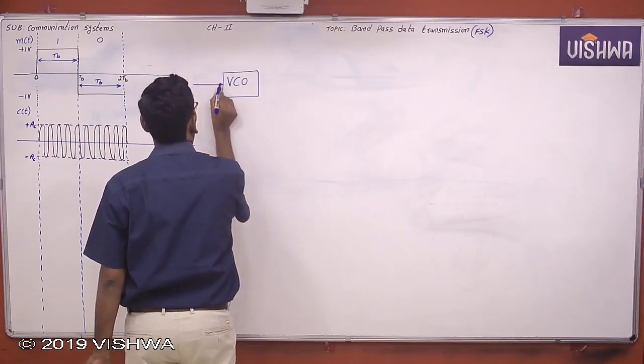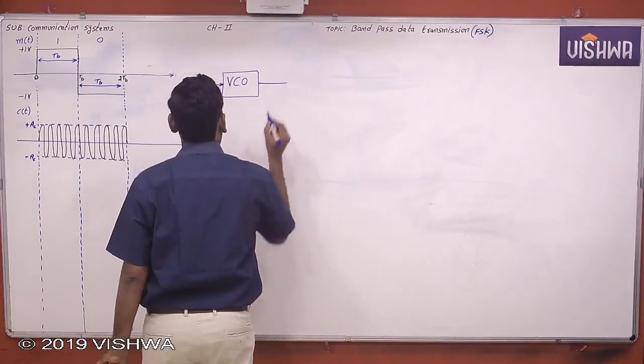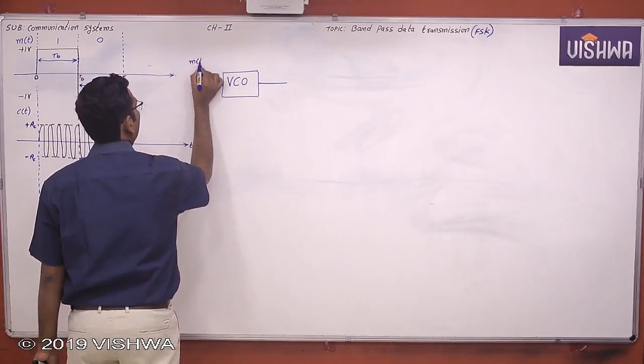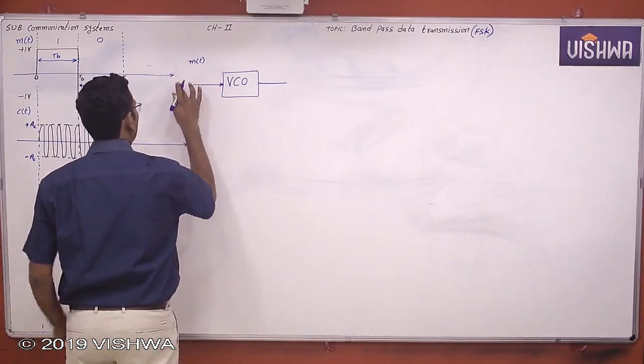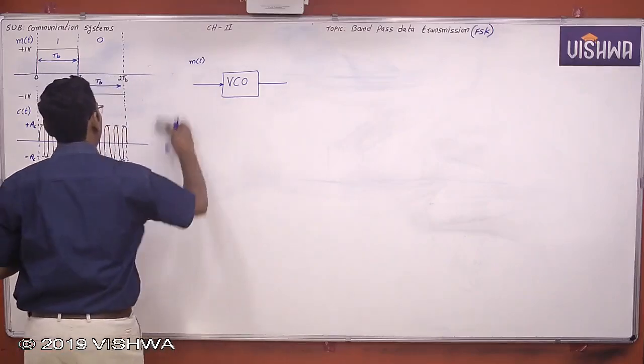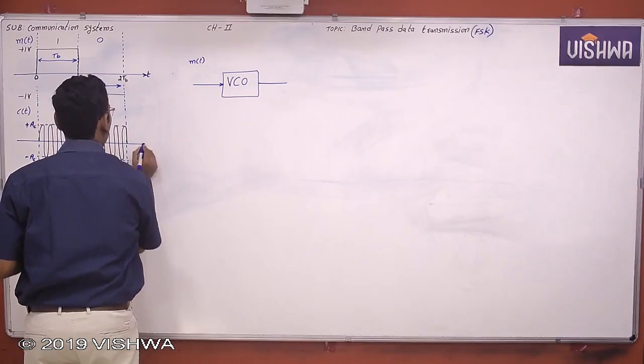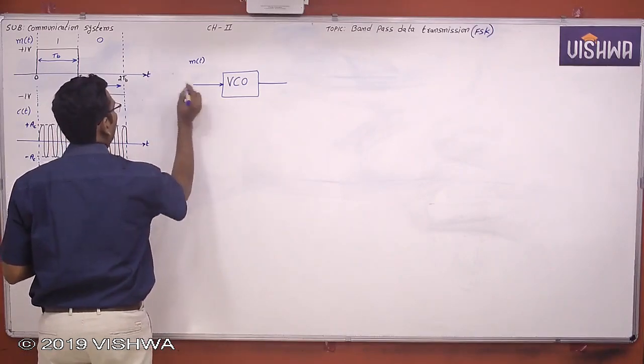To generate an FSK signal, the binary data is represented in non-return to zero form. What is the non-return to zero form?